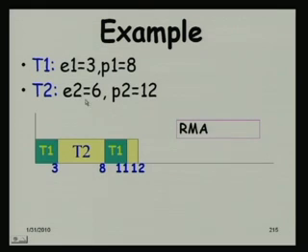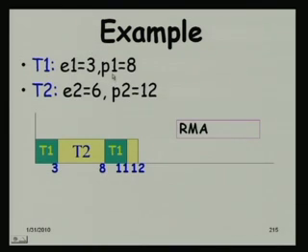Okay, this is one example where they produce different schedules. See, task T1, the execution time is 3 milliseconds and period is 8 milliseconds, T2 is 6 and 12. So, T1 has higher priority, runs up to 3, and then T2 runs up to 9, is it not? Yes, it should be 9.